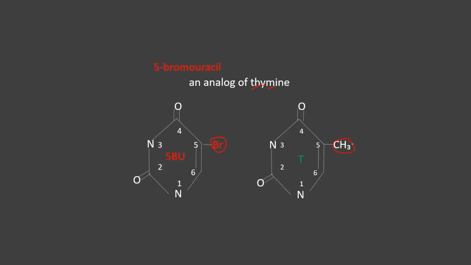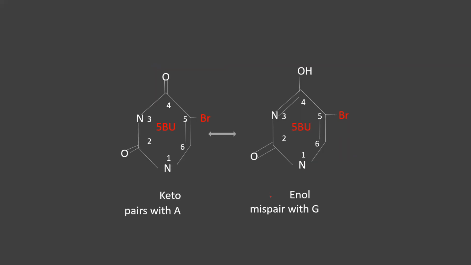It's a methyl group, right? So the nitrogen is in the right place, oxygens are in the right place. Everything else is right, but this is wrong, right? So you'll end up incorporating this into your DNA, and then the DNA will not replicate properly. And so that's just bad, right?